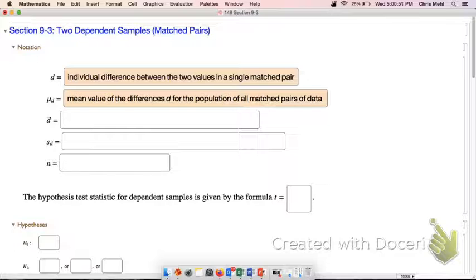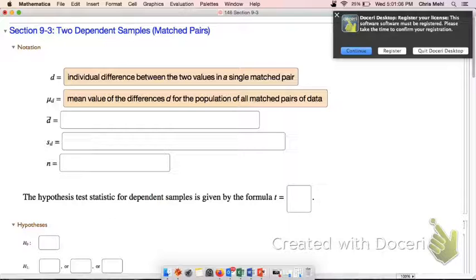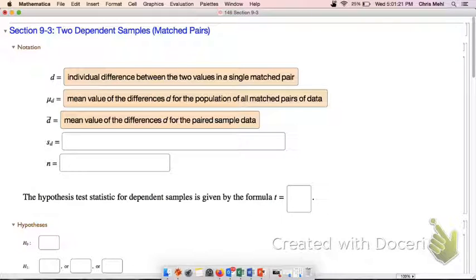Then you take a sample from each population, and you can find the difference of the matched pairs in your sample data and calculate the mean of that, and that's what d bar is. The sample data will be paired, and for each pair in the sample data you take the difference and find the mean of those values, which gives you d bar.